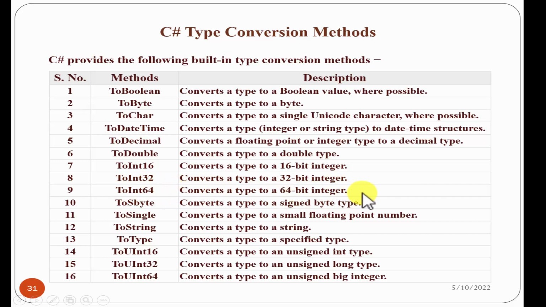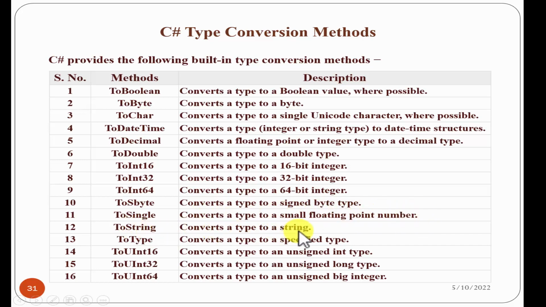So long consumes 8 bytes of memory, a 64-bit integer type. Now ToSByte means signed byte type, signed meaning it holds negative values as well as positive values. ToSingle converts to small floating point numbers.